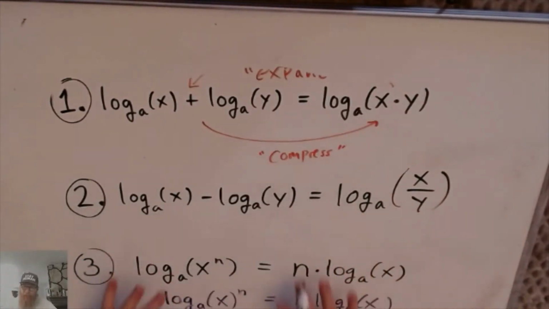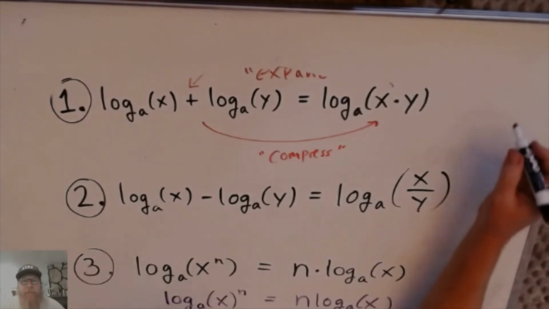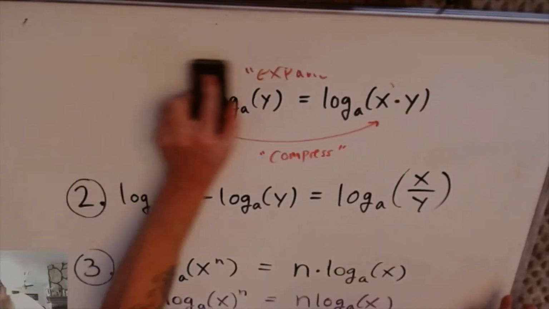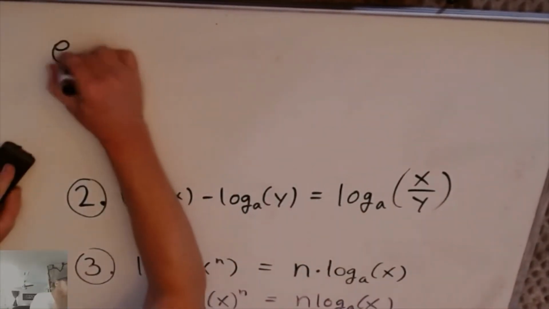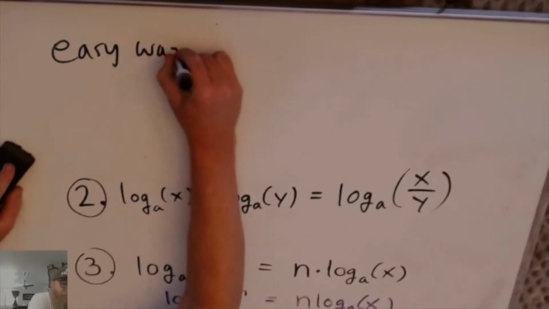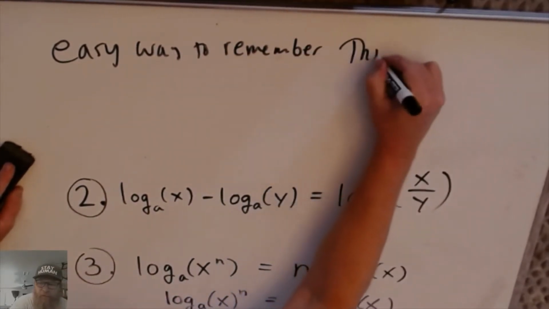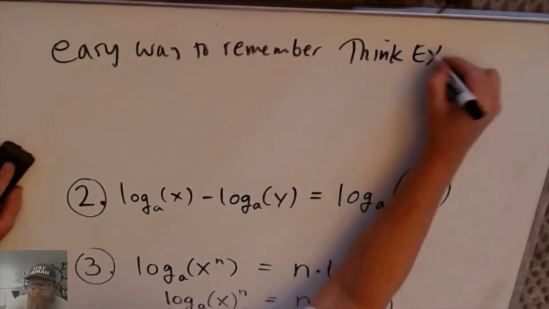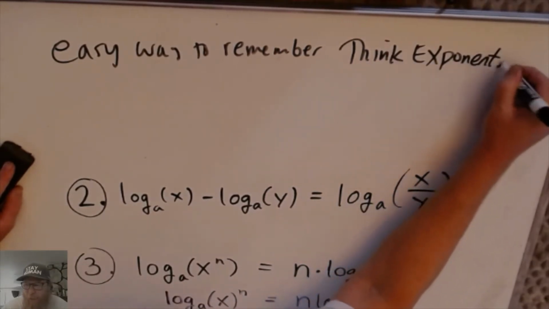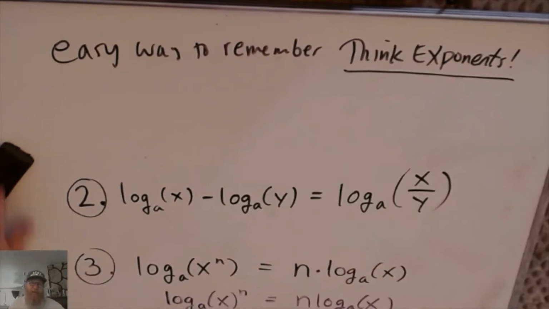So we'll take a good look at them. If you forget them, there's a very easy way to remember them. Just think about exponents. Now, this does require that you remember the rules of exponents.